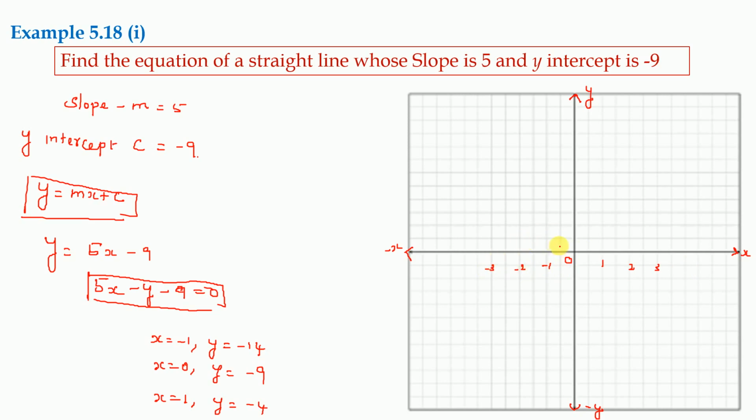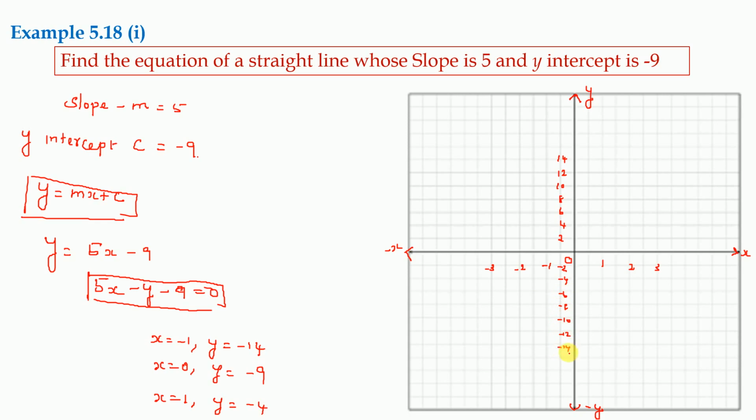On the y-axis we can take 2, 4, 6, 8, 10, 12, 14, and on the negative axis minus 2, minus 4, minus 6, minus 8, minus 10, minus 12.